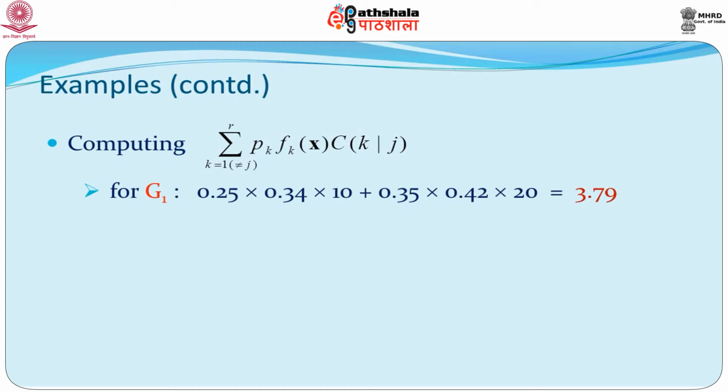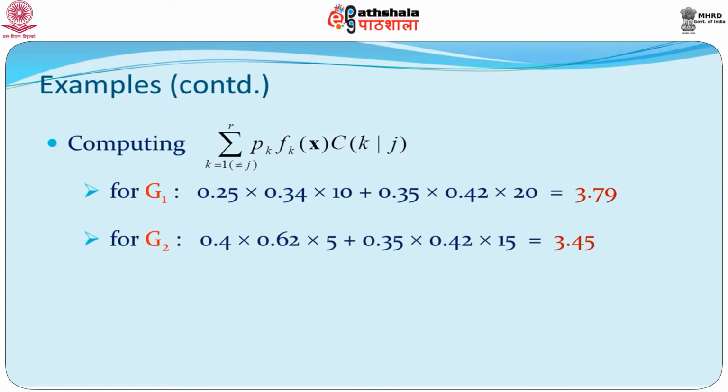Similarly, 0.35 is the probability of coming from the third group, multiplied by its ordinate at x and the cost of misclassification. So, if j is equal to 1, then we have this sum over the second and the third components, and this comes out to be 3.79.